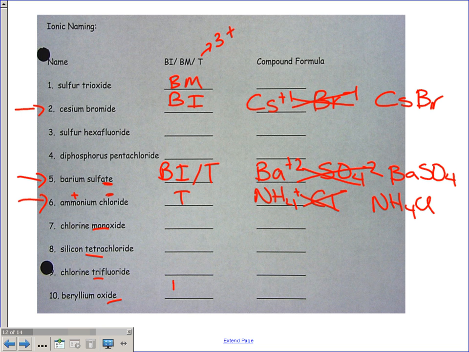Beryllium is in group 2, meaning it's got a +2 charge. Oxygen is in group 6, meaning it has a -2 charge. When those crisscross, we get BeO. We'll come back and practice the molecular examples on your sheet together in class, but for right now, that's a pretty basic introduction into how to do ionic compounds.